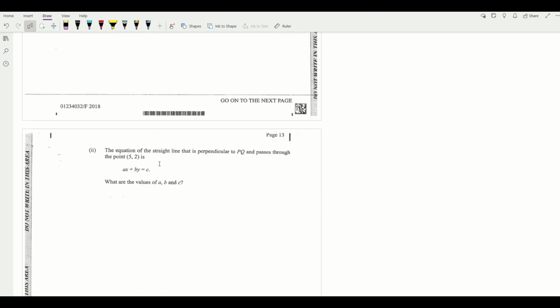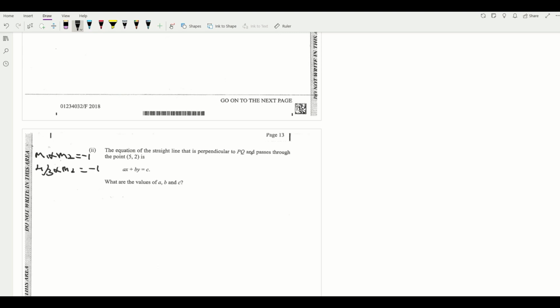Right, the equation of the straight line that is perpendicular to PQ. As soon as you hear perpendicular to PQ, immediately you're supposed to think of the rule m1 times m2 is equal to negative 1. So the gradient of PQ, which is 4 over 3, multiplied by m2 is equal to negative 1.